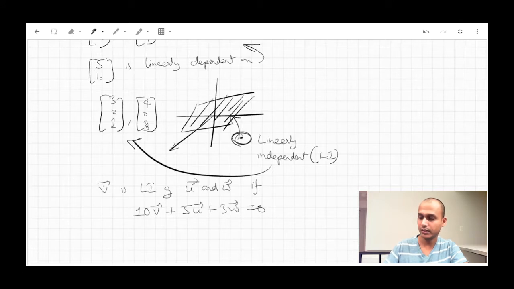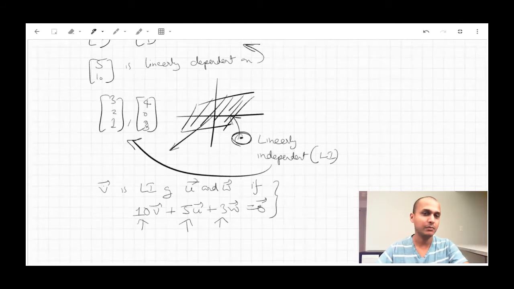So there is no such choice of numbers that you can put here such that they sum to the 0 vector. Okay, so that's all it means. This is a formal definition, but intuitively it just means that the vector is not in the span of the given set of vectors.